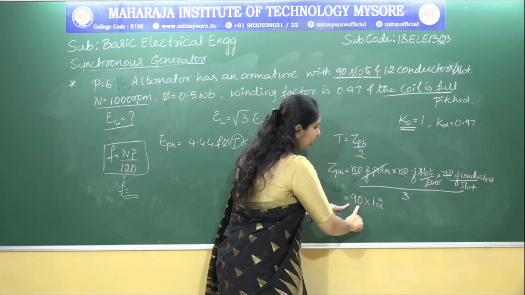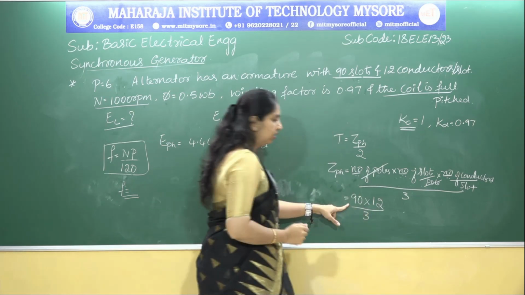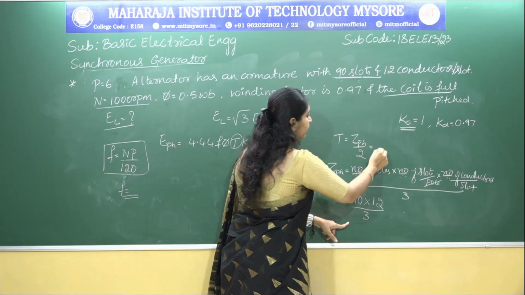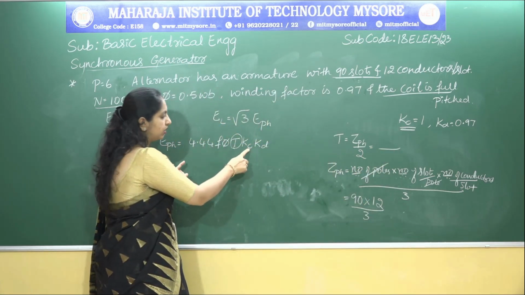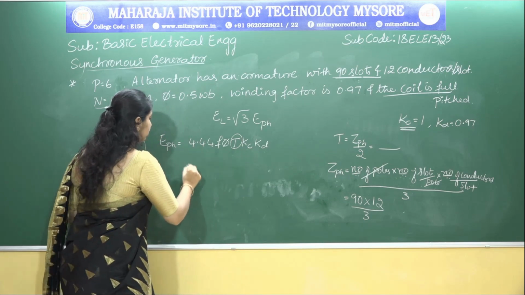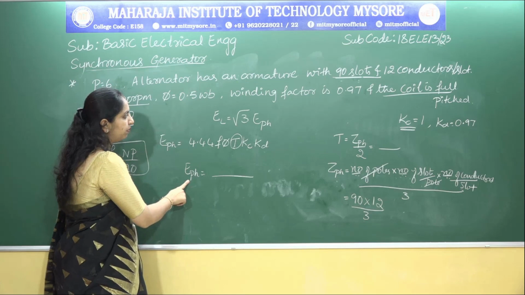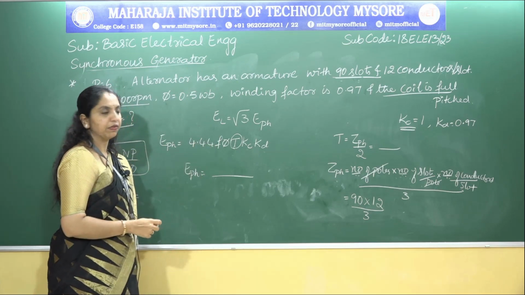Finally it is 90 into 12, divided by 3. Simplify this Zph and substitute here to find the value of T. Then substitute T, Kc and Kd to get the EPH value, and later substitute this EPH in the equation to find the line EMF.